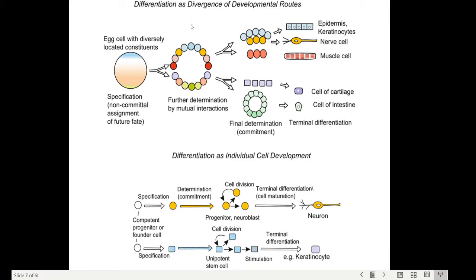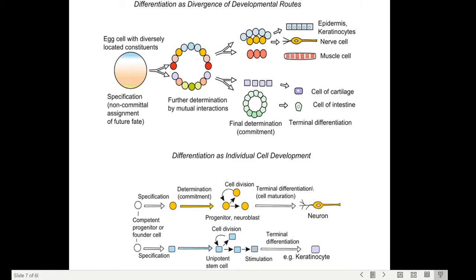Next, after the specific character development in the embryo, the cells enter into final determination. In this final determination, the cells have a specific commitment, and groups of similar cells need to develop the specific organs.